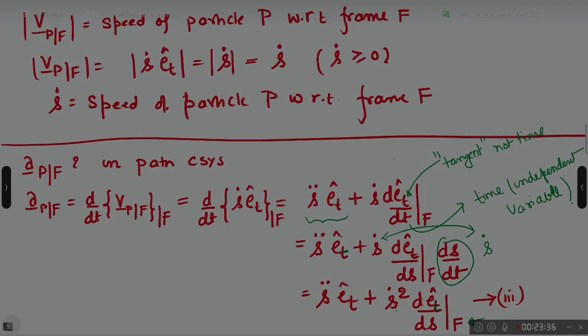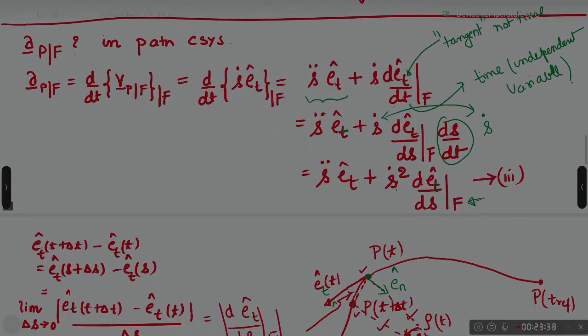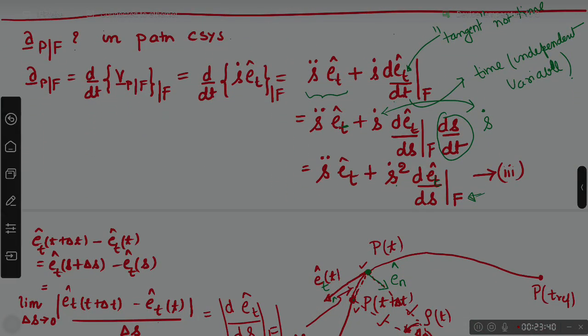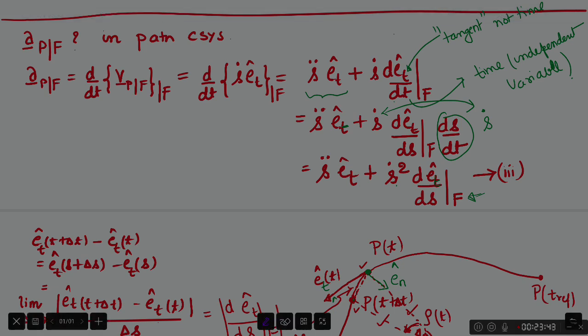Moving on, the next agenda item is to write the acceleration of the same particle with respect to this frame F in the path coordinate system. Again, I want to remind ourselves that in the previous class, for the same particle with respect to the same frame, we derived an expression for APF first in a frame fixed Cartesian coordinate system.